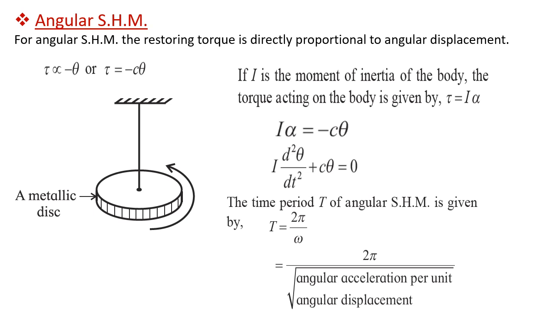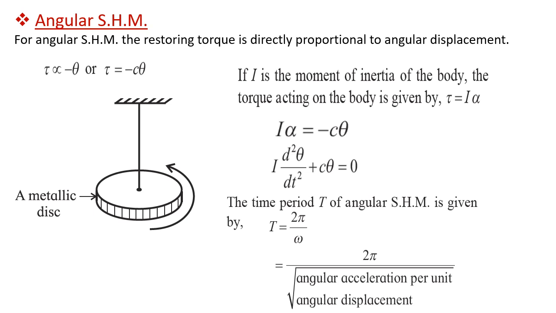So from this relation, torque equals I alpha, and just now we derived the equation torque equals minus c theta. We can just equate these equations. So we can write I alpha equals minus c theta.